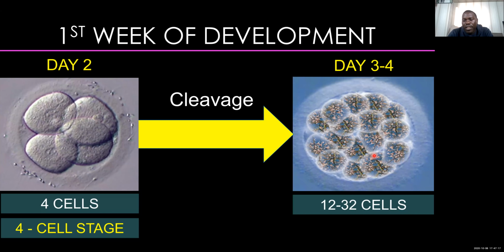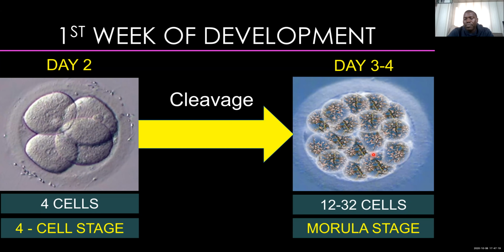This structure is called the morula. There are 2 things I want you to note between this and this. I want you to notice that the zona pellucida is still intact in both of them.